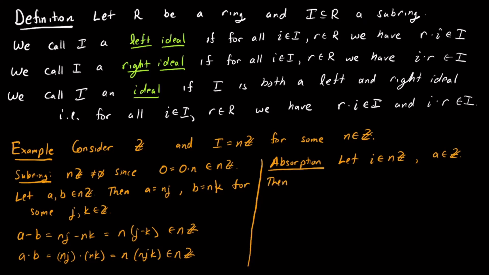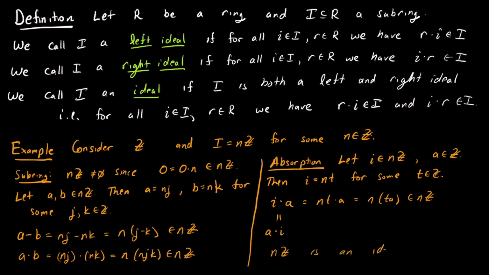Well, I know that then i is equal to, let's say, n times t for some t in Z. And let's consider i times a. Well, I know i times a is equal to nt times a, which is just n times ta, which is an element of nZ. And on top of that, I know that since this is a commutative ring, this is the same as a times i. So I can say, hence, nZ is an ideal of Z.